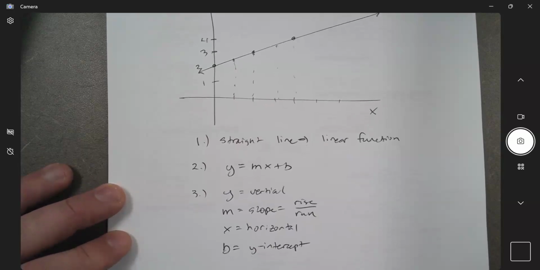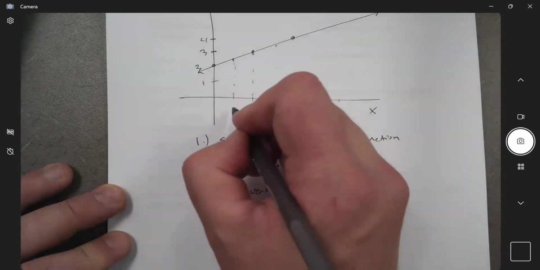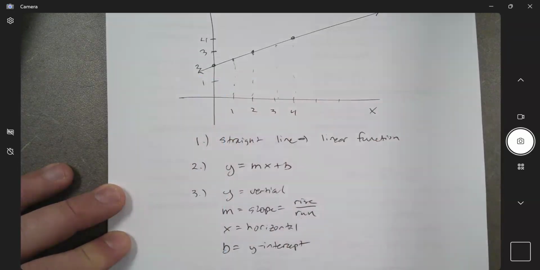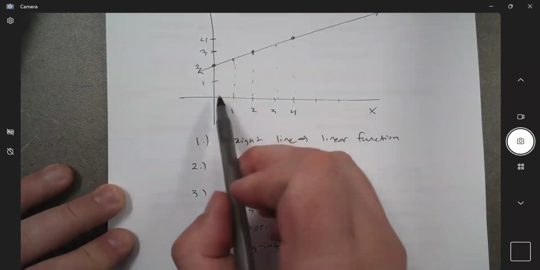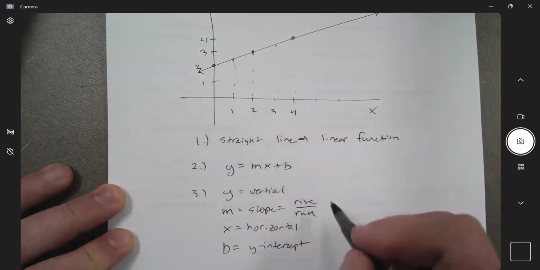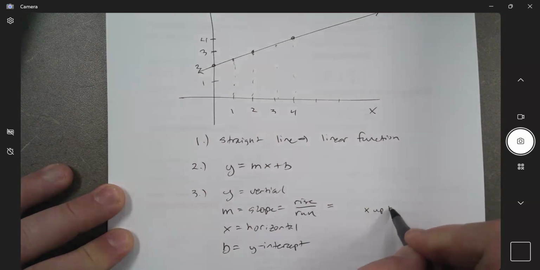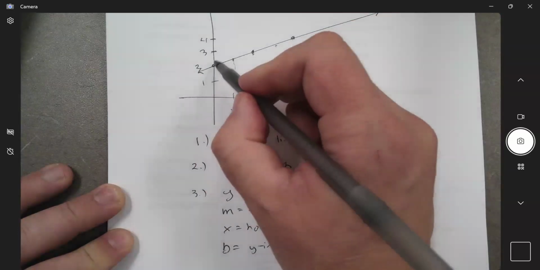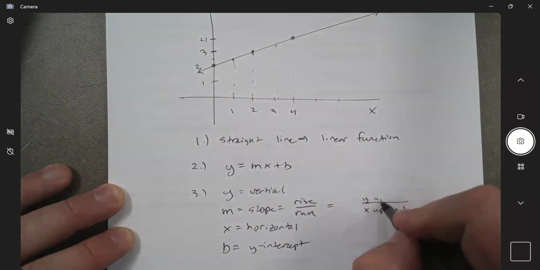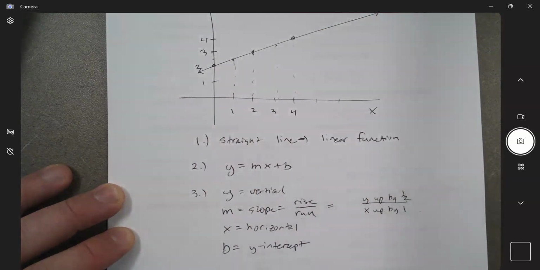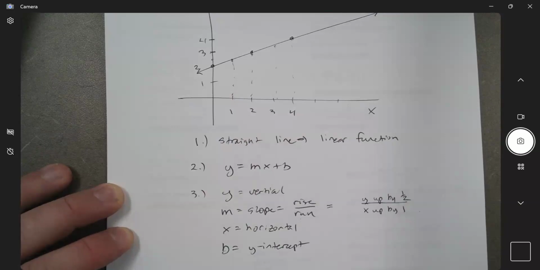And so now we fill in our equation with what we know. Y equals, I have to figure out the rise over run. There's a couple ways to do it. You could say when x increases by 1, y increases by, it looks like, a half. But sometimes the scale makes it a little difficult.